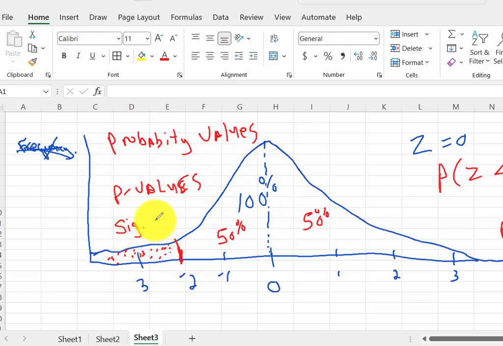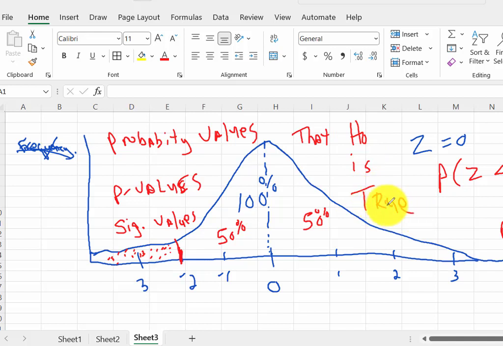And sig values is a better way to think about it, because the way I want you to think about it is, whatever this percentage is, it's the probability that the null is true. I'll say that again. The probability values, I want you to think about it as the probability that the null is true.